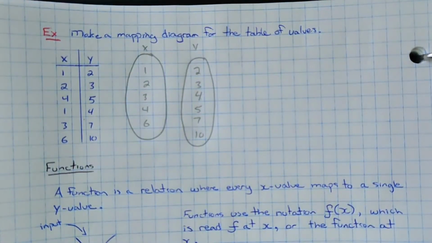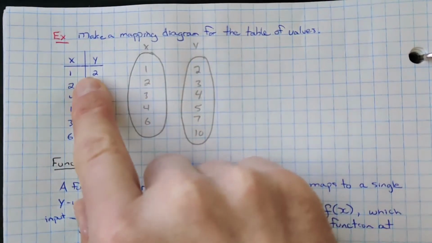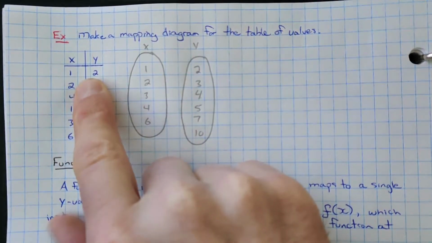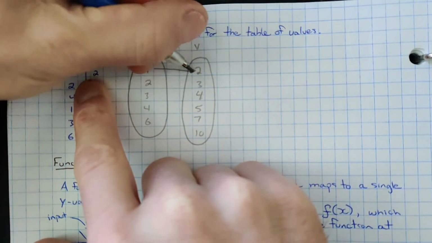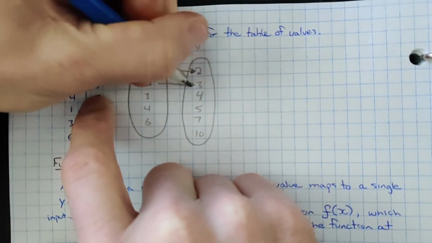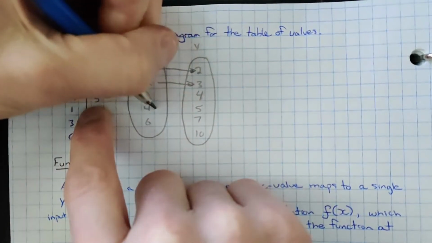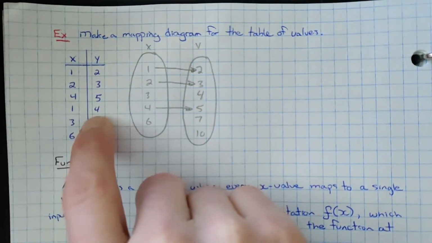Now what I want to do is connect the dots, connect the lines, and make a map from the x values to the y values. So I'm going to go through the table. 1 and 2: when x is 1, y is 2. 2 and 3. 4 and 5. 1 and 4.